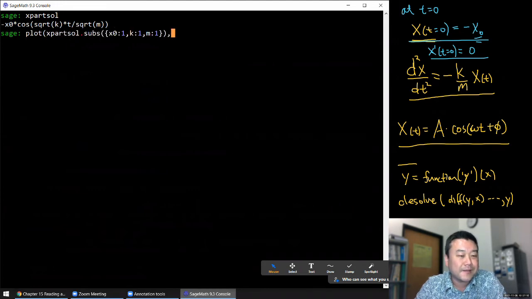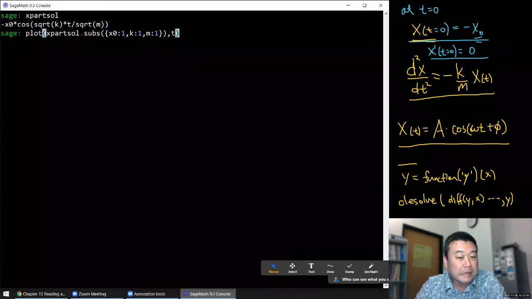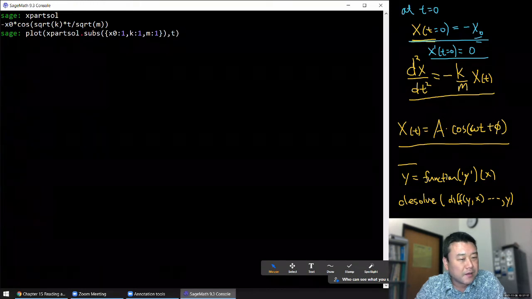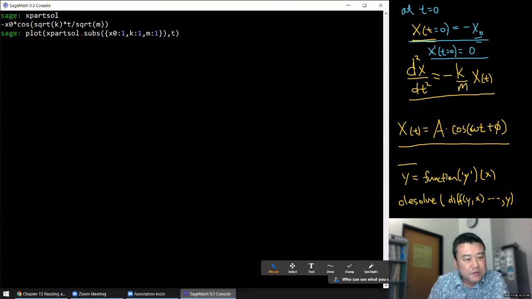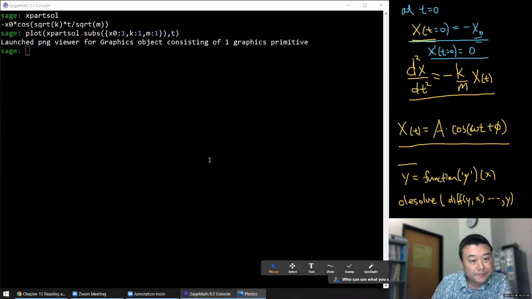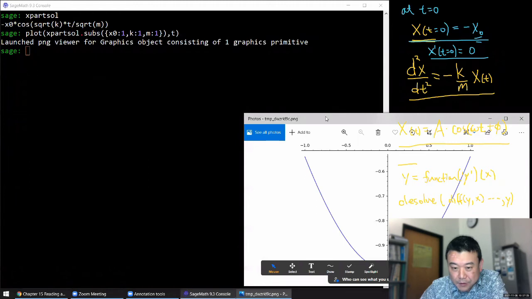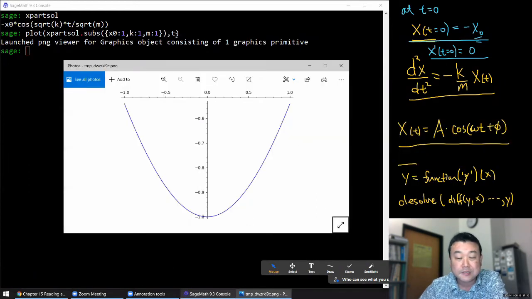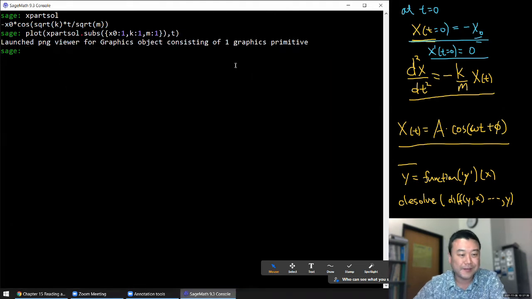So let's plot this as a function of time. Do I need to specify the range, or will it just choose something reasonable for me? Let me just give that a try. Oh yeah, there it is. Okay, it picked something, but it wasn't reasonable. So let time go from 0 to, I don't know, 10, in some arbitrary unit.